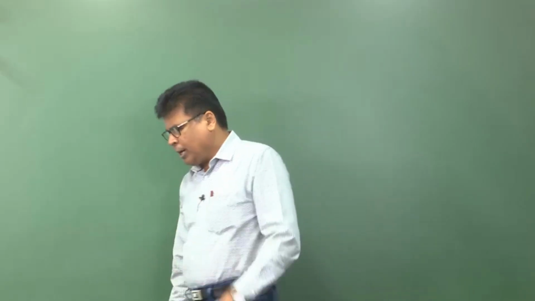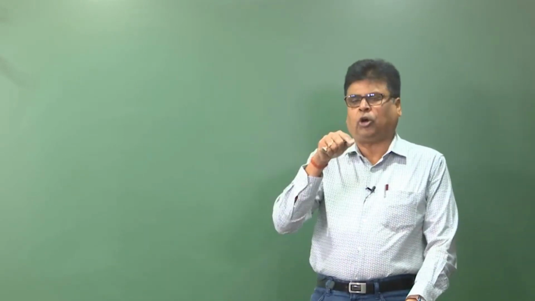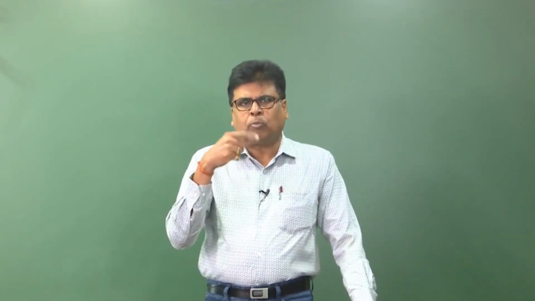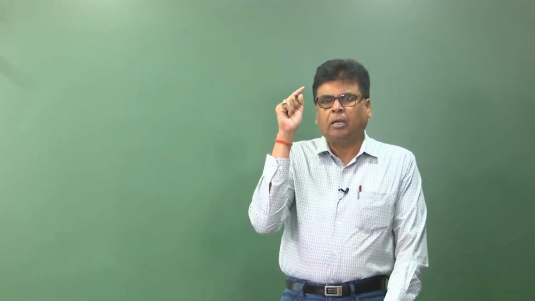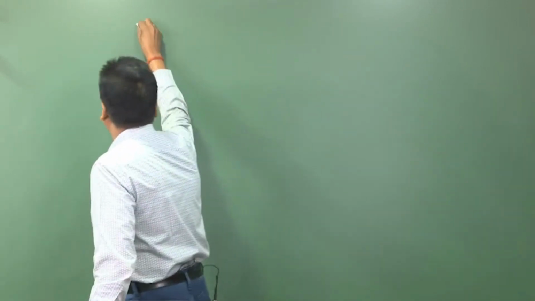Again, my dear student, I want to say one thing. Sometimes in the jaw, one or more teeth are lacking, they are not present in that position of the jaw. This condition is called diastema.